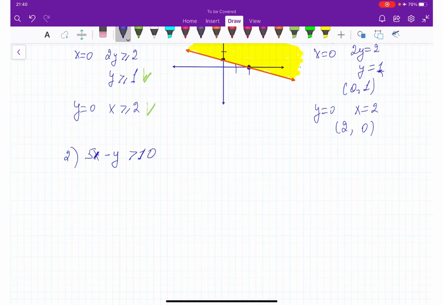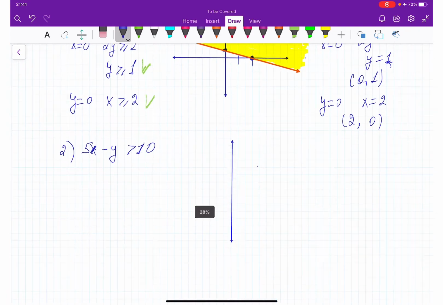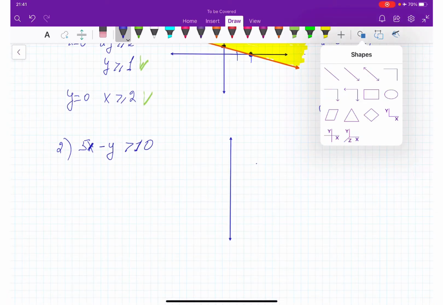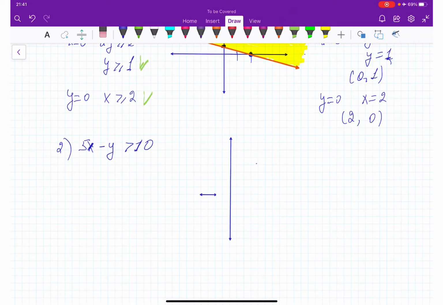So first of all, let's draw. And then this one. So let's write down 5x minus y is equal to 10, because to draw the graph, it has to be equal.